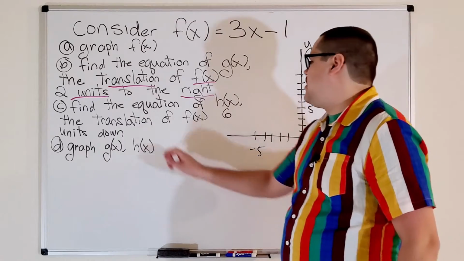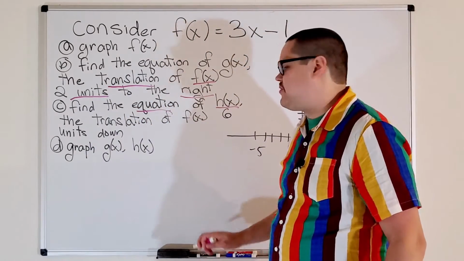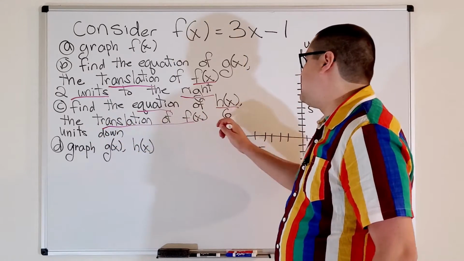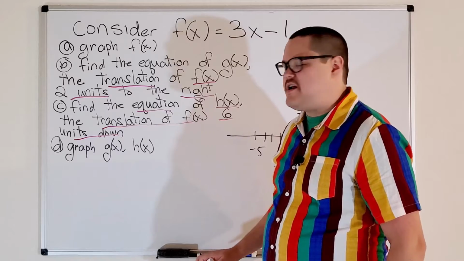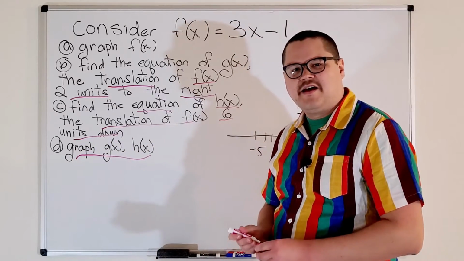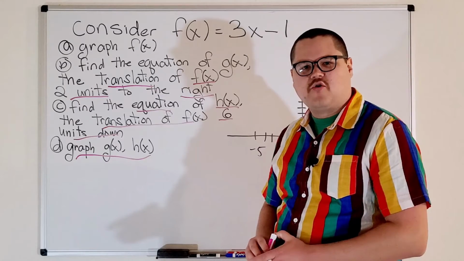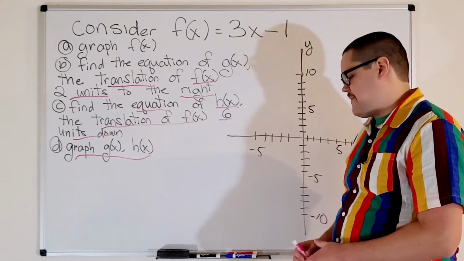Then we are to find the equation of h of x, which will be the translation of f of x 6 units down. And finally, we are to graph our answers in B and C. Sounds quite difficult. Let us begin.